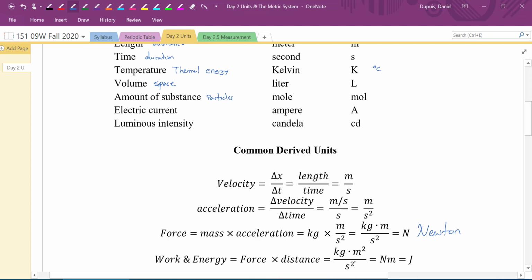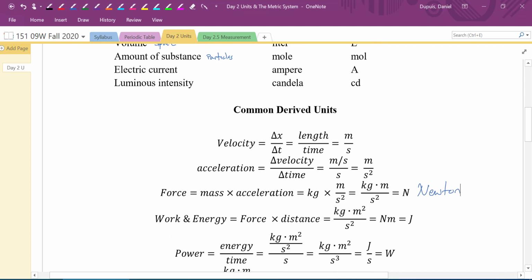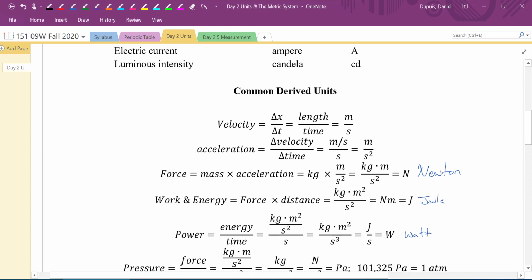Alright, if you take that Nalgene bottle full of water and you accelerate it the distance of 1 meter, that's basically a joule. Alright. Then we have power, which is energy per time, which is kilogram meter squared per second cubed, joules per second. So this is a joule per second. Write it down. Watt. Alright, that's why our electric bills come from a power company, because they're in kilowatt hours.